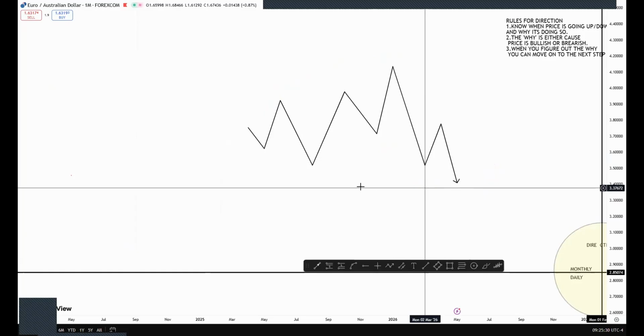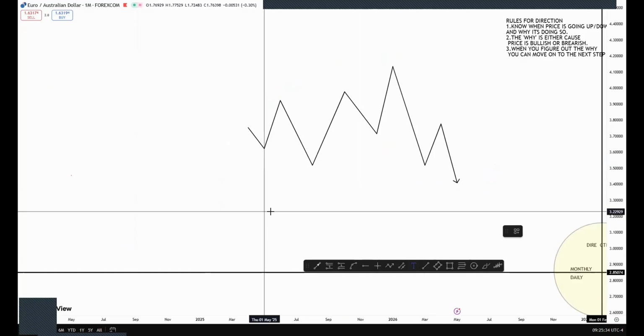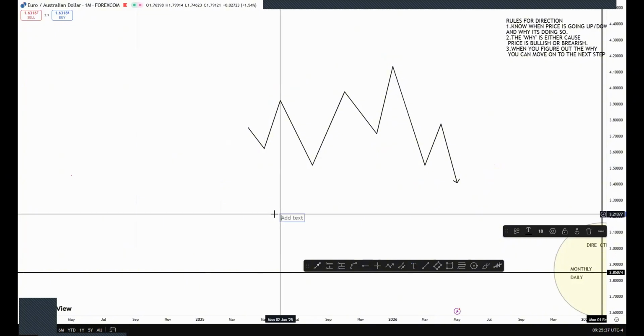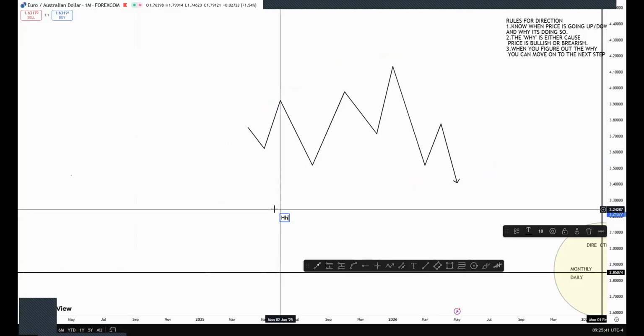We both know, I'm expecting that everyone knows, when price makes a higher high, higher low, we are bullish, right?